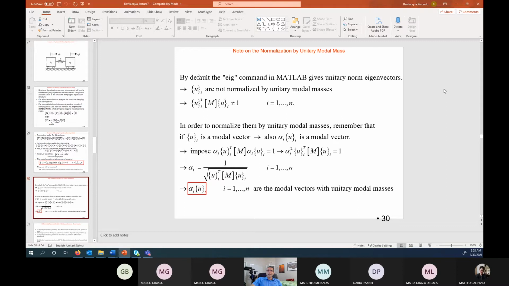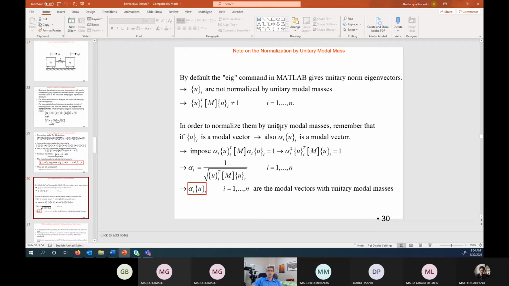A note on normalizing the vectors through the mass matrix. You can use the eig command in MATLAB, which gives you unitary norm vectors. So if you do that in MATLAB, it will give you the U's normalized to unit norm, and so it will not satisfy the mass normalization condition.